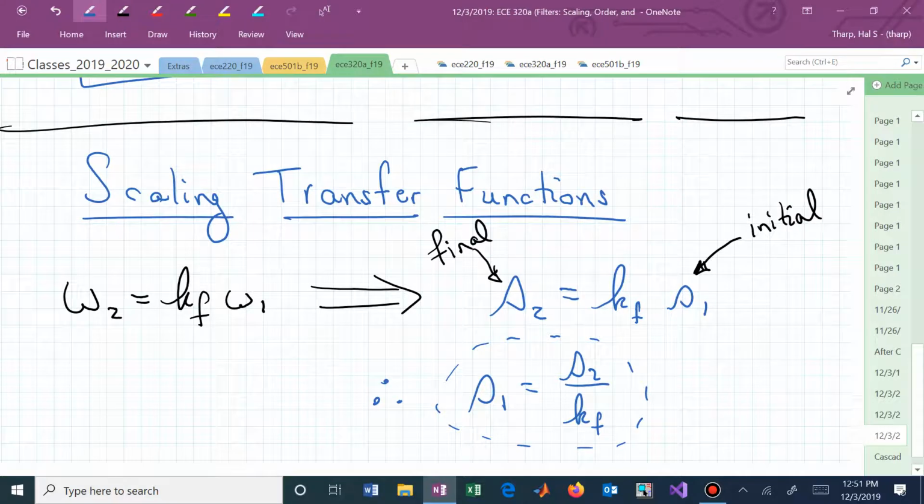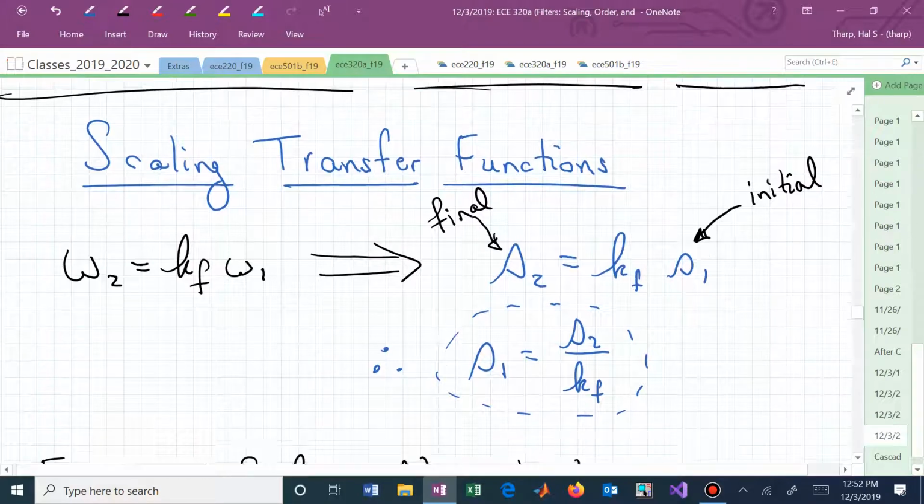We won't be subscripting these S's because we just want an S in our original and final, so we just have to keep track of which transfer function is the final and which one is the original, typically the normalized transfer function.